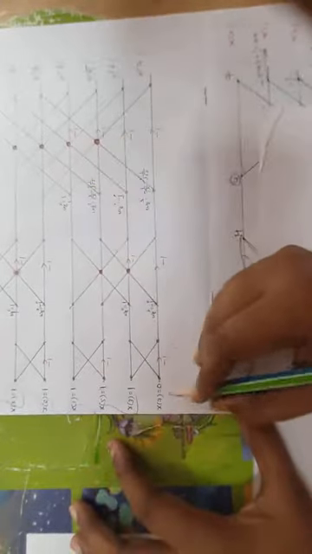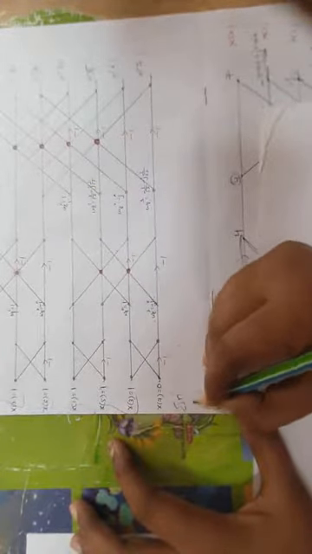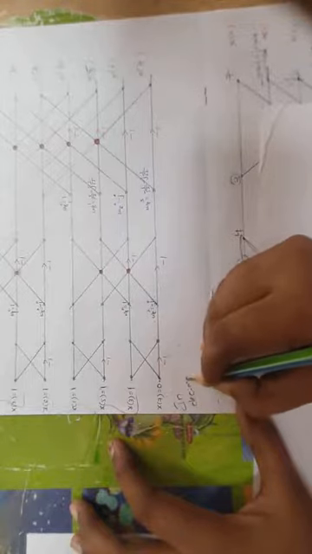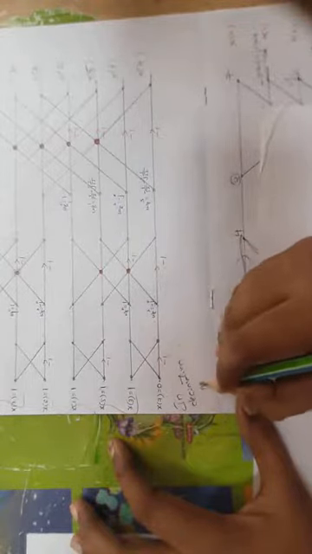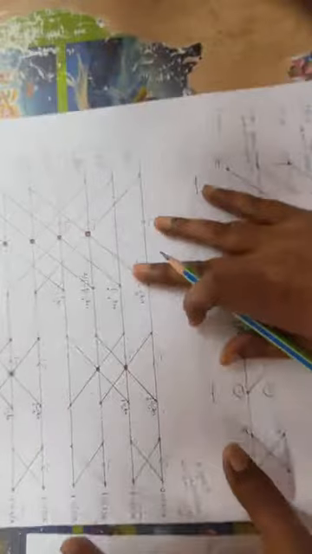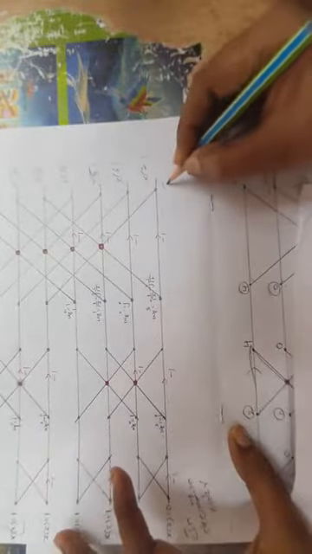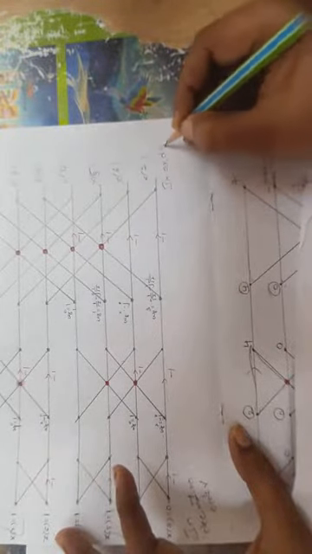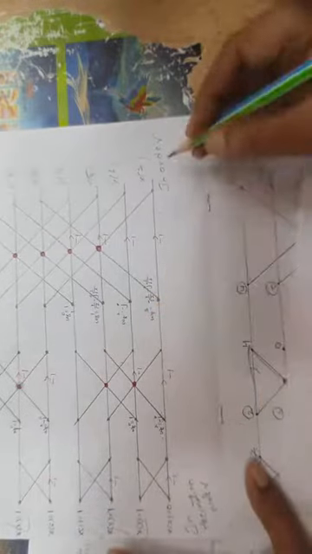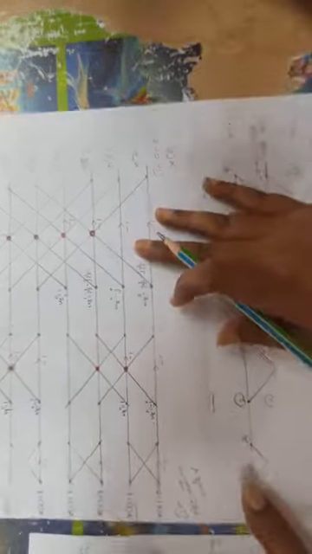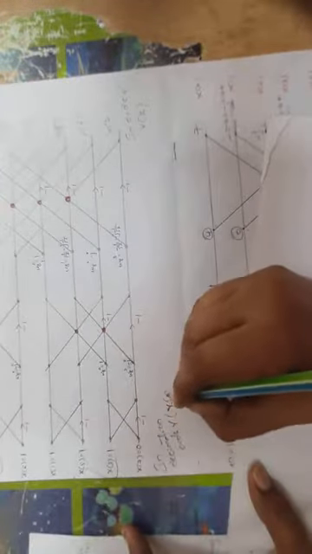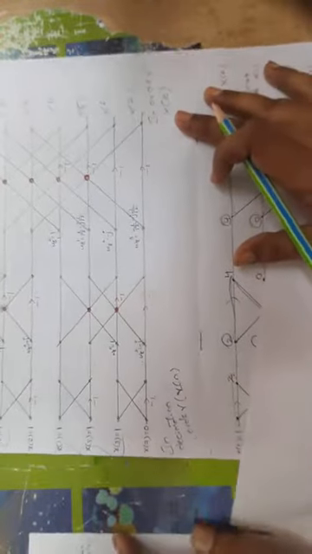Input should be in decimation order. Next, output should be in order representation. Here it is X of k and here it is small x of n representation. So it is in order.